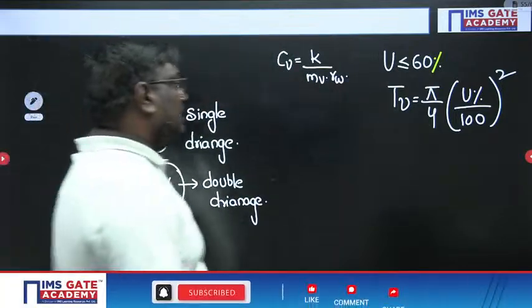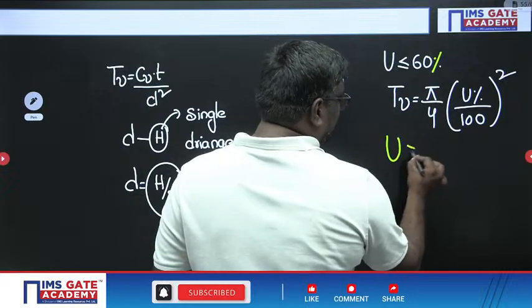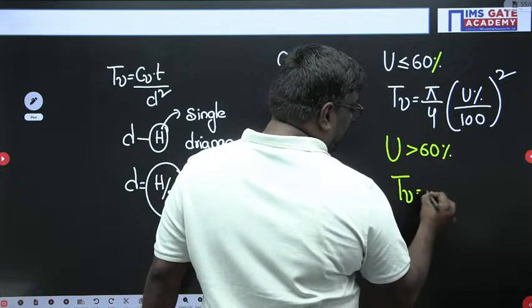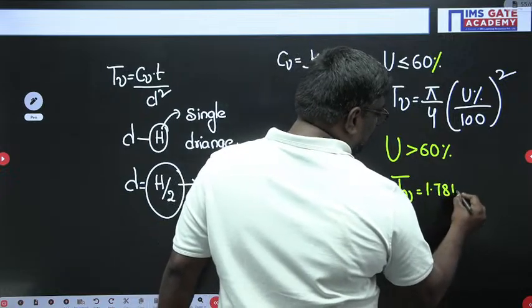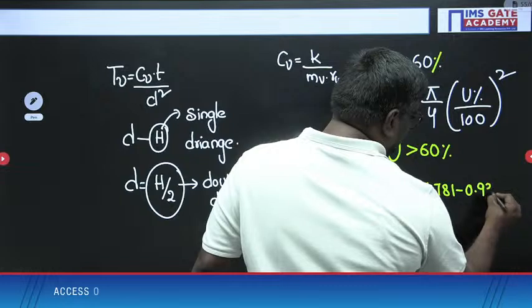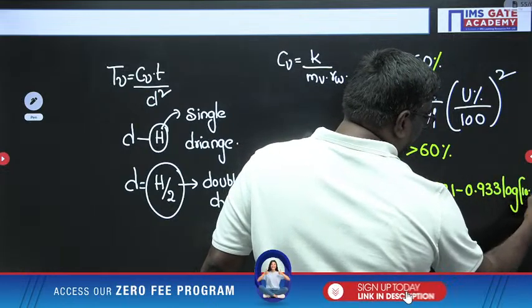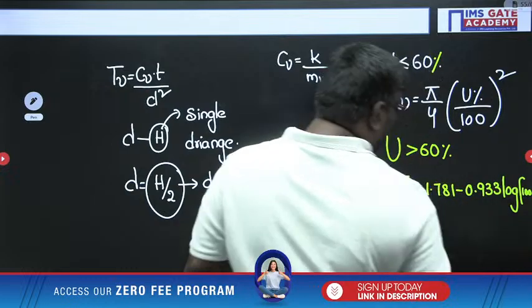Now, similarly, if the degree of consolidation is greater than 60 percent, time factor is given by the formula 1.781 minus 0.933 into log of (100 minus U). Okay.